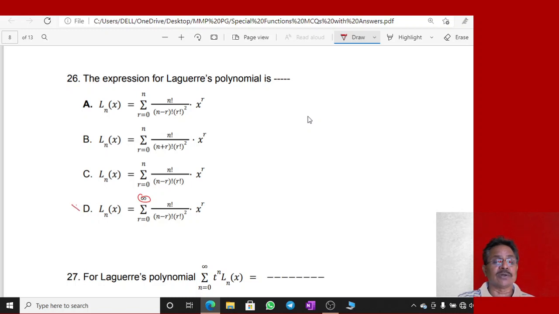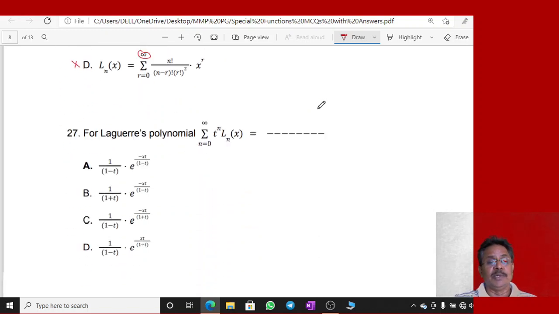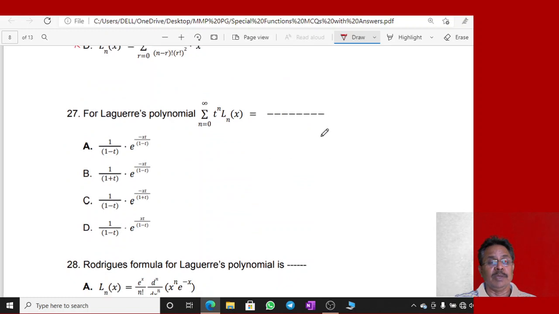So this is wrong, this is also wrong, and this is wrong, and therefore the correct option for the expression for the Lagrange polynomial in series form is Ln(x) = summation over r = 0 to n of n!/((n − r)! (r!)²) x^r. So this is again a memory based question. You have to solve this question number 26 depending upon your memory.